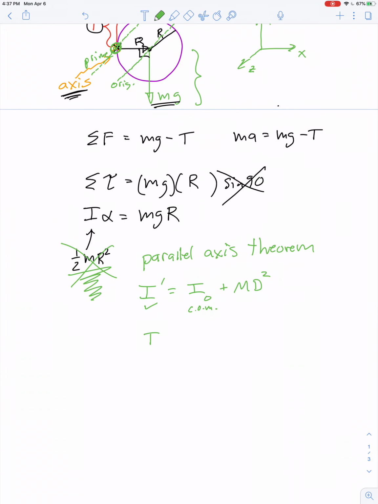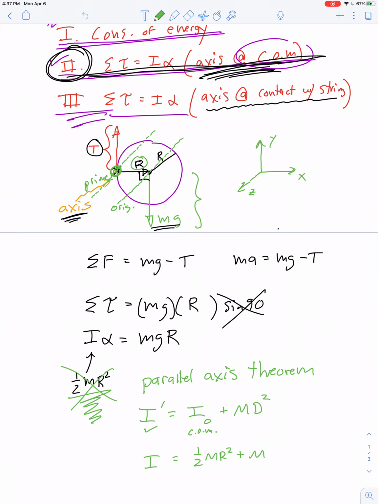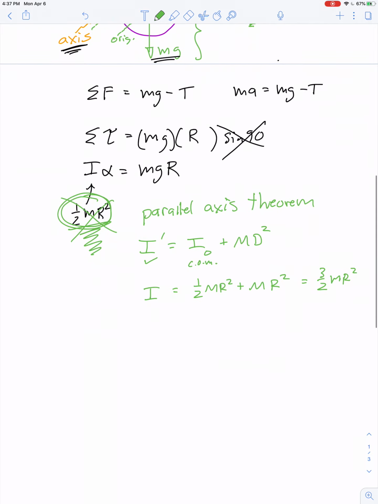So in this case, I is equal to 1/2 mr squared plus m, let's see, we shifted the axis by a distance of r, so plus m r squared, which gives us 3/2 mr squared. So this would have been a big mistake.